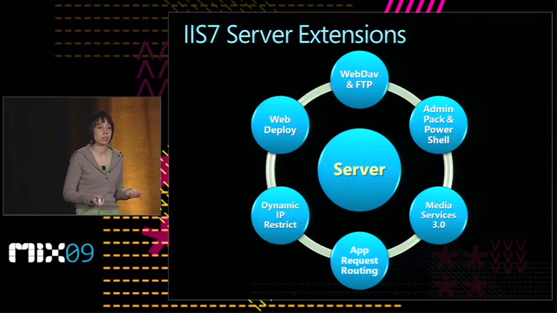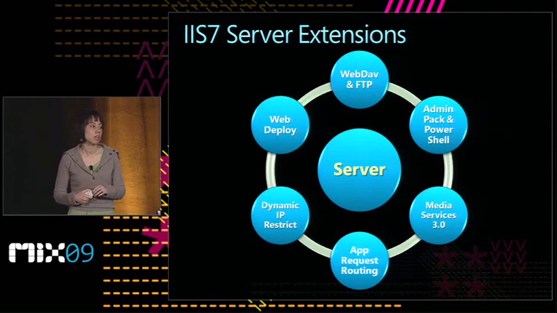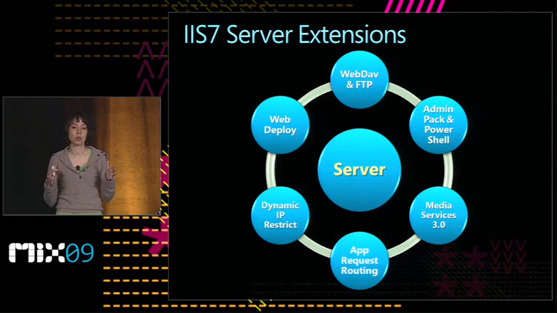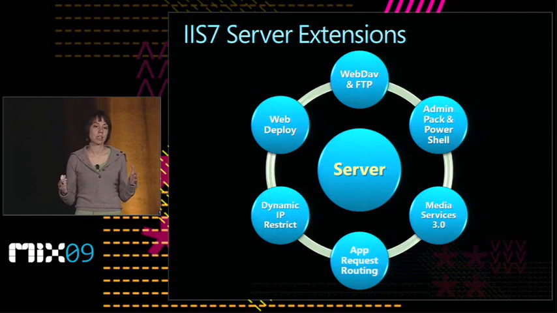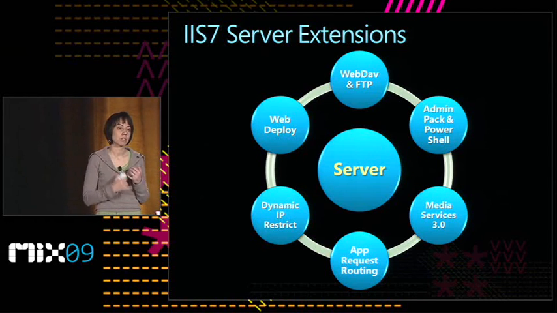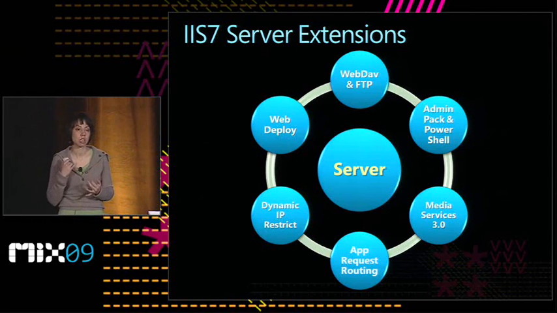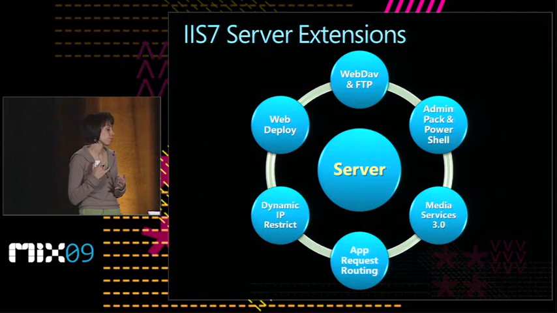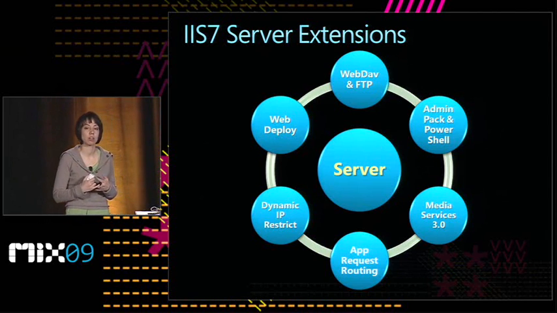Application request routing is our HTTP load balancer. It's another really foundational piece of technology that we have. At MIX, we announced the ability to take that application request router and use it to turn IIS into an edge server. So we have disk-based caching, edge caching, and we also have support for hierarchical caches.